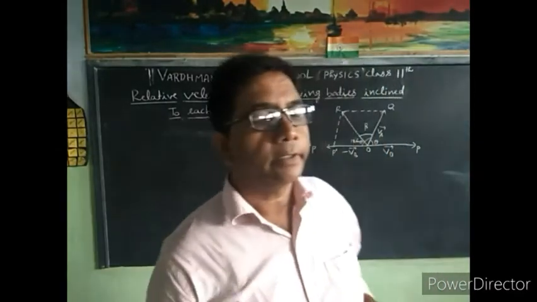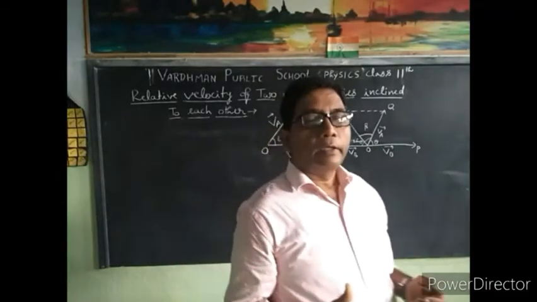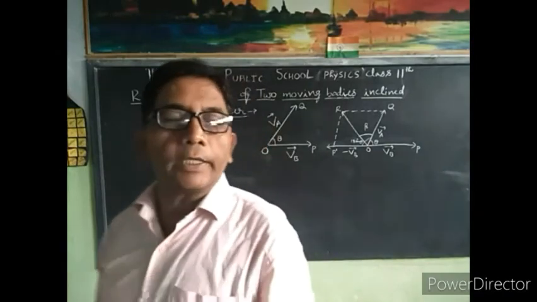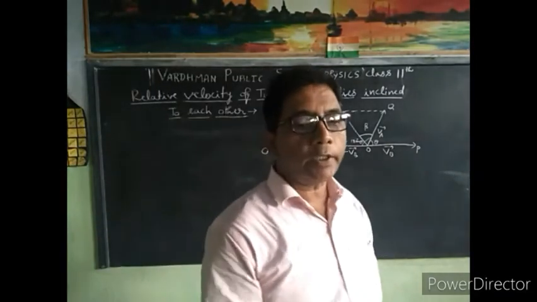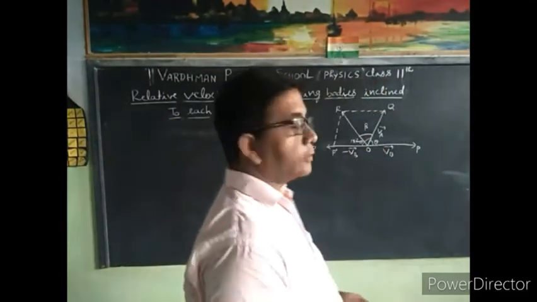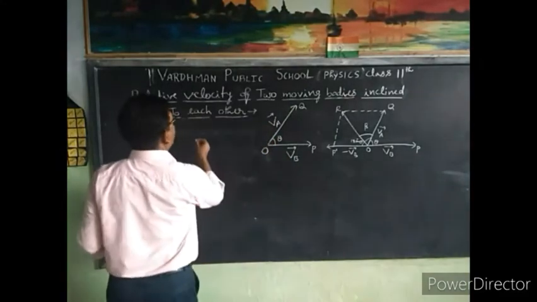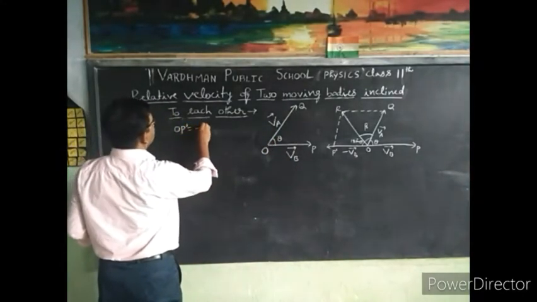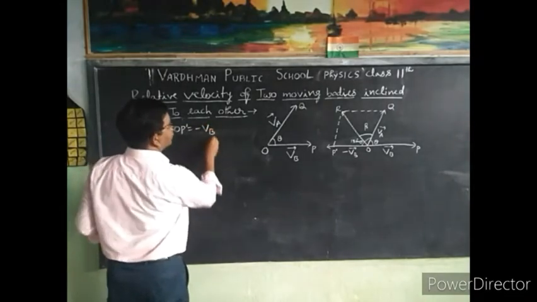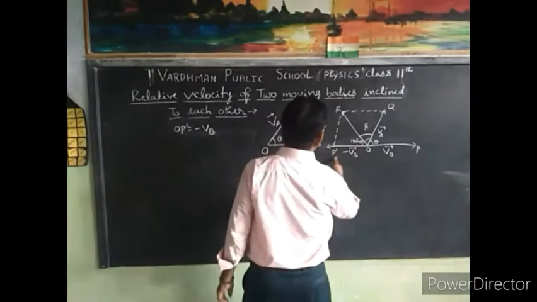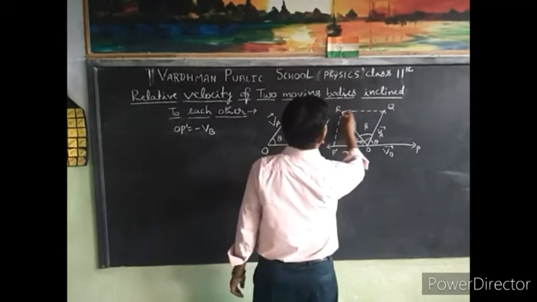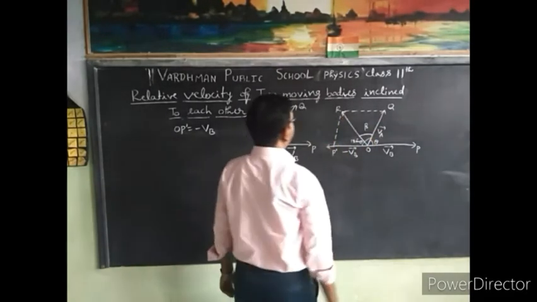We will find the relative velocity VAB of body A with respect to body B. For this we draw OP dash equal to minus Vb and complete the parallelogram.